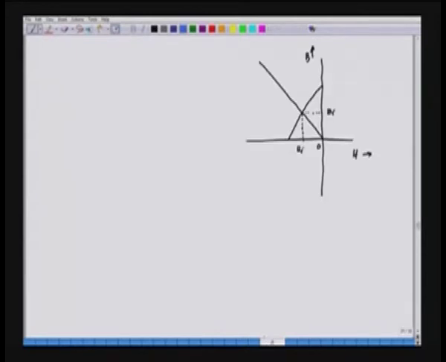We will see that if Hi increases, the original curve is not traced. So, this will trace a different curve. It will come somewhere here. Again you decrease the current, this will come somewhere here. So, the original curve is not traced because we have an air gap. This is the path in which we are travelling, and here if you increase this current, it will take a different path.